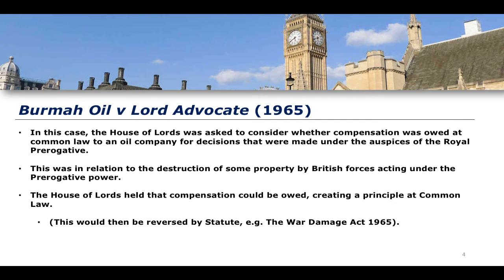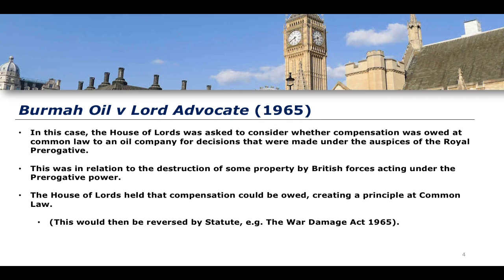This is the common law principle, but it should also be noted that the principle was then reversed by statute under the War Damage Act of 1965. So note here that where there is a common law principle established by the courts, this can be overruled by the basic principle of parliamentary sovereignty, as we noted from earlier lessons.